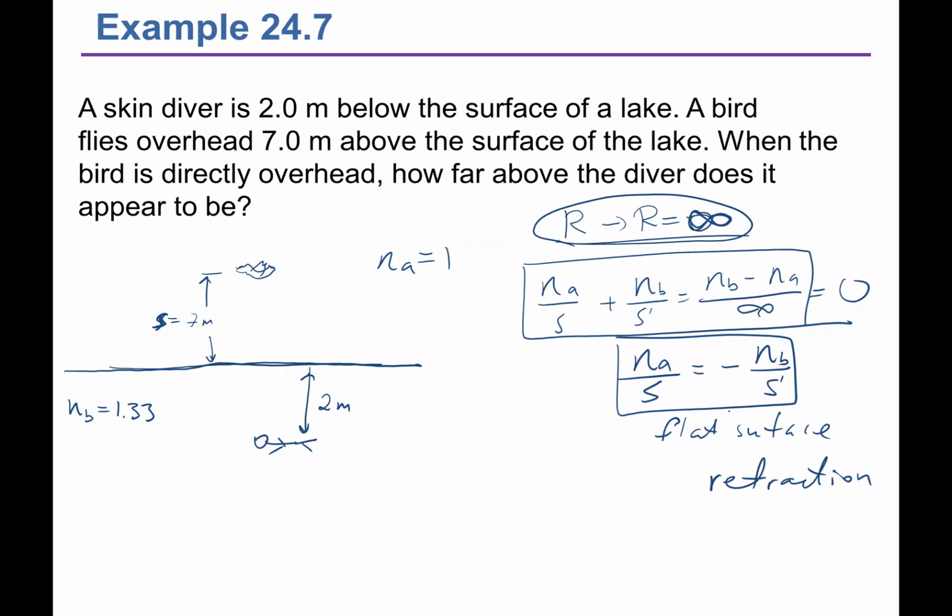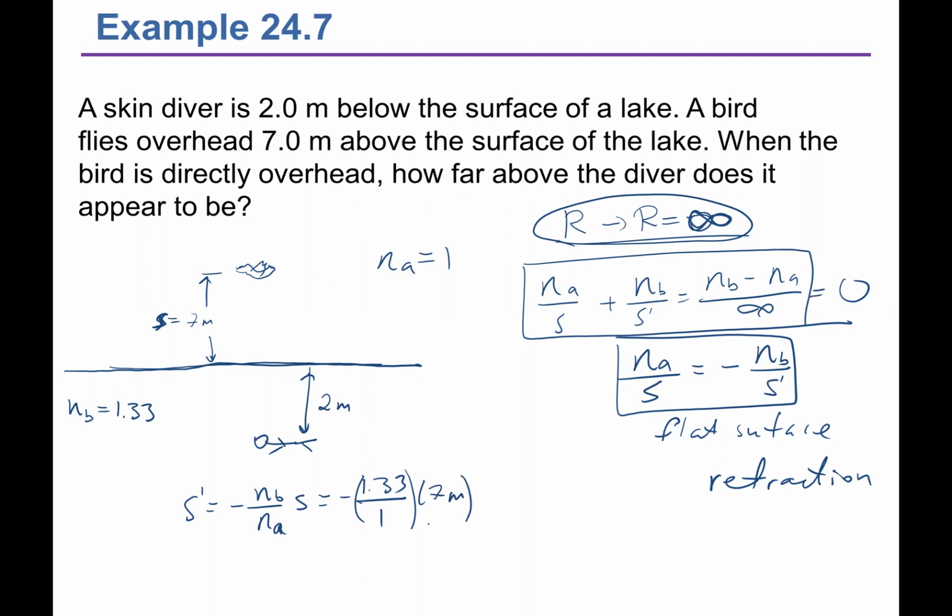I can rearrange the equation so S prime equals negative NB over NA times the object distance. So negative 1.33 divided by 1, which is the ratio of NB over NA, times the object distance, which is 7 meters.